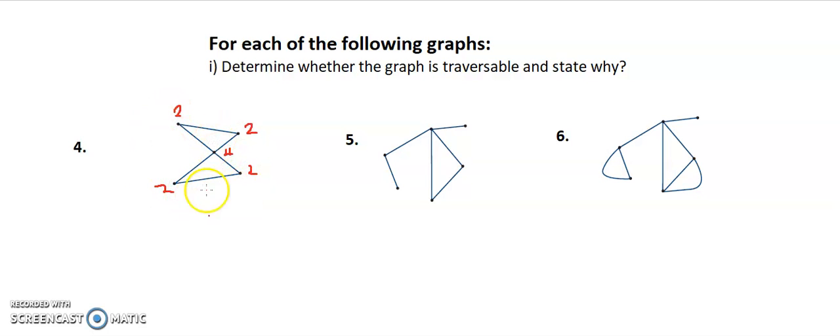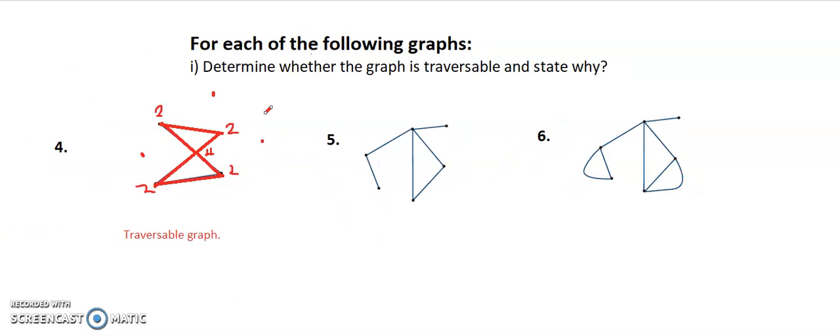So I know question 4 will be a traversable graph. And I will double check that by checking, because remember, a traversable graph, I should be able to go over every single edge.